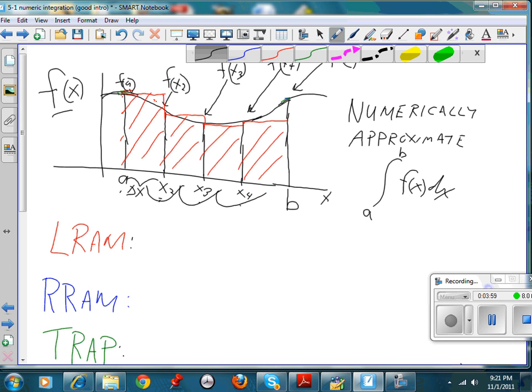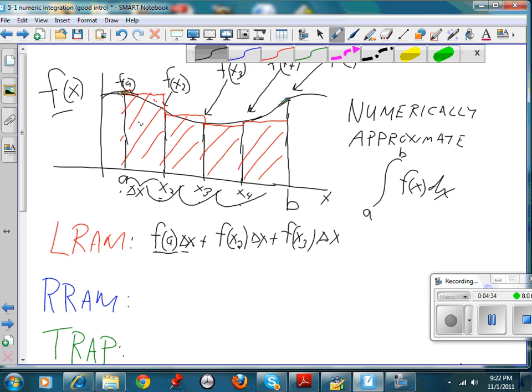So if I use the left-handed rectangular approximation method, the area of my rectangles is going to be f of a times delta x, plus f of x2 times delta x, plus f of x3 times delta x. What's the height of this first rectangle? It's f of a, times the width.